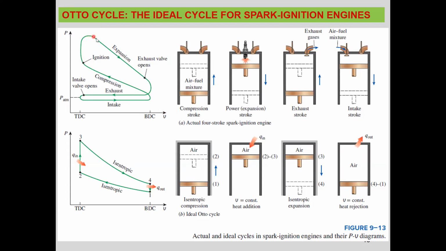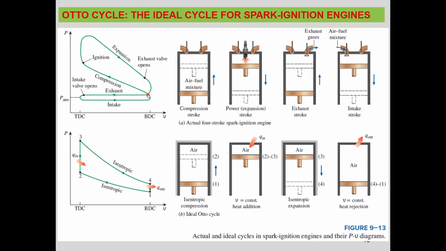Then the expansion stroke or power stroke, the piston goes from top dead center until here, bottom dead center. Here, slightly before bottom dead center, the exhaust valve opens and most of the exhaust gases go out of the exhaust valve. This process, from here until here, is called exhaust blowdown. The exhaust valve is open and the exhaust gases are at higher pressure.